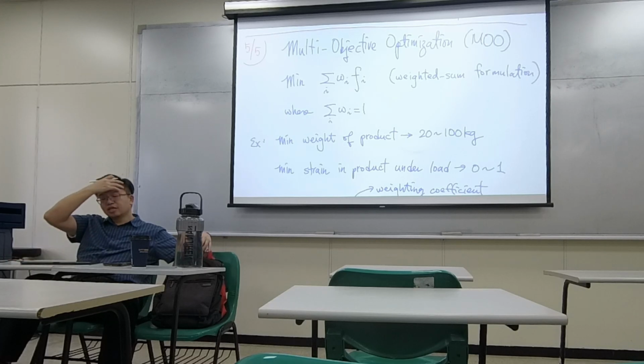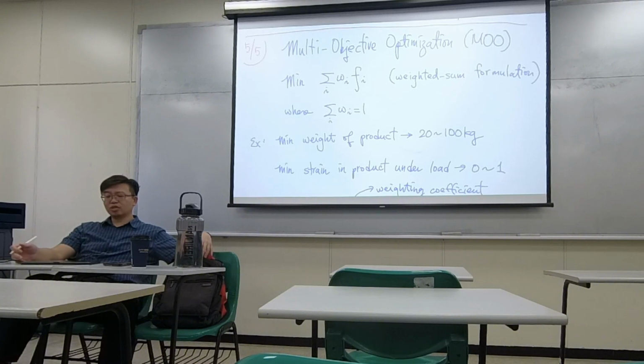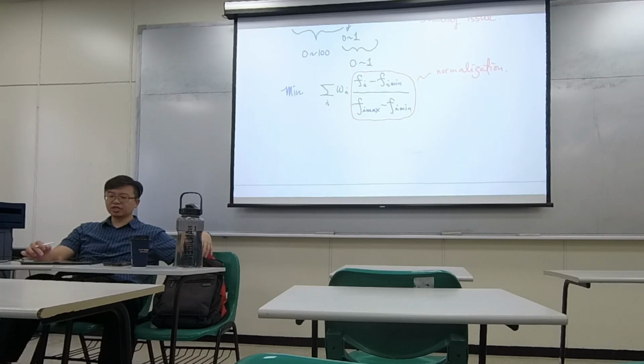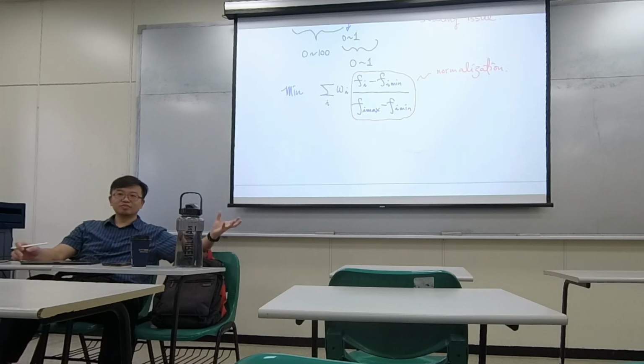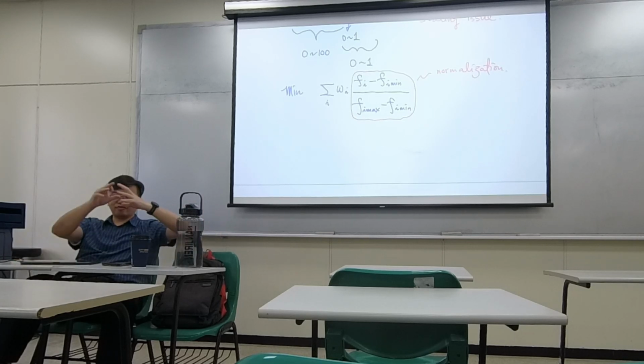And there's another issue about MOO, which is the selection of the weights. Because if you have a problem like this, and let's say omega 1 is 0, then objective function 1 becomes useless in your entire form.